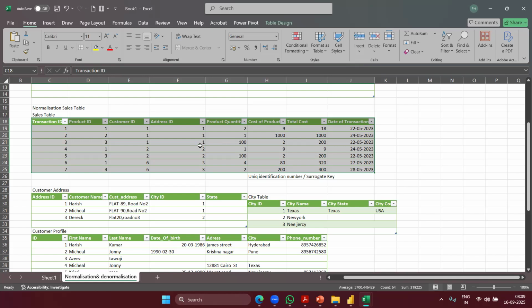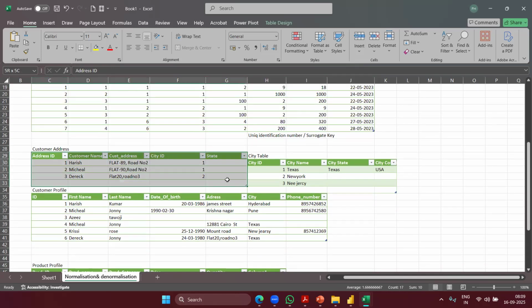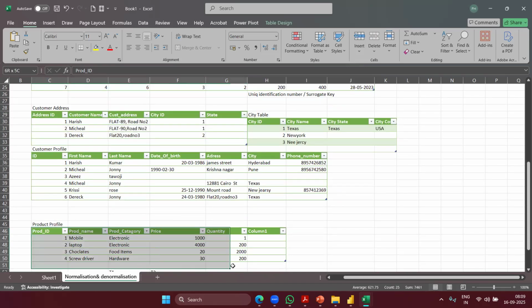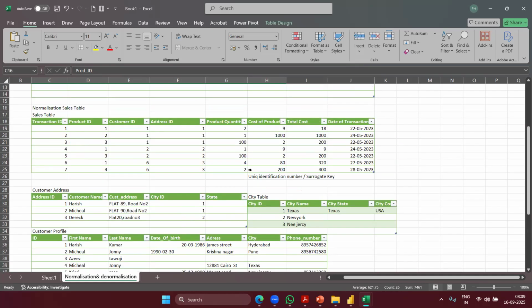And this fact table is supported with dimension tables. I mean, the tables that store more information as dimensions. And dimensions store information related to the person, people, organization, all those things, right?